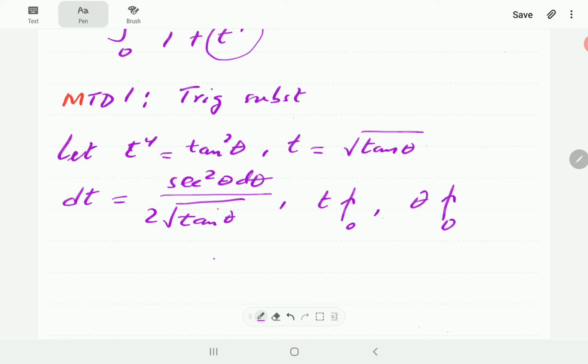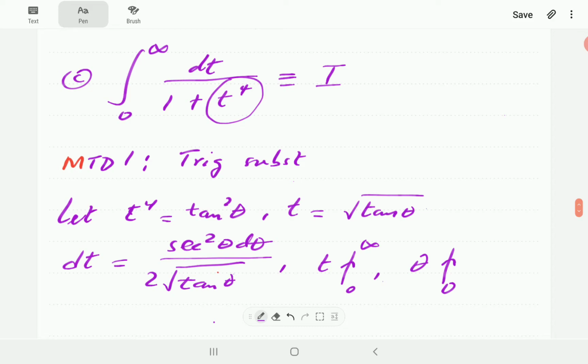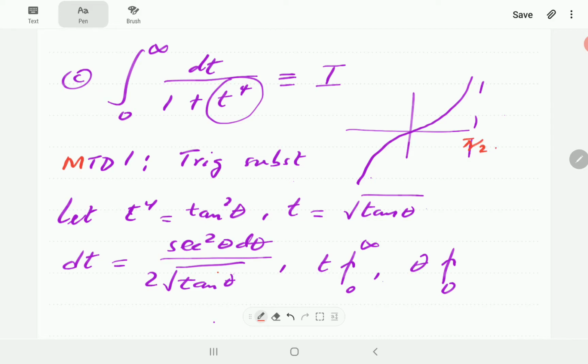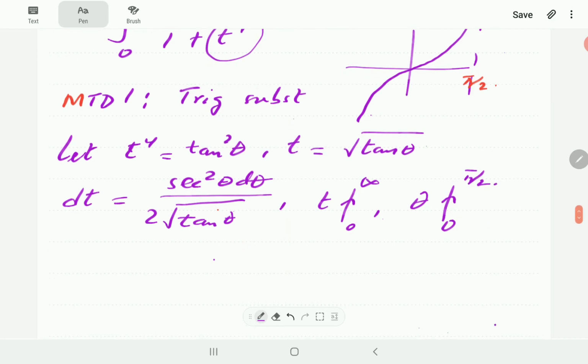And then as t goes to infinity, the question is, in the positive values of theta, when does tangent go to infinity? And you're going to remember that this is going to happen when theta is pi on 2. So that means the upper limit is now going to be pi on 2.